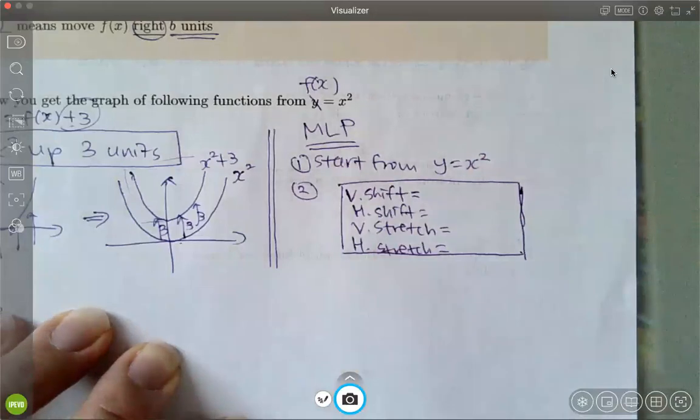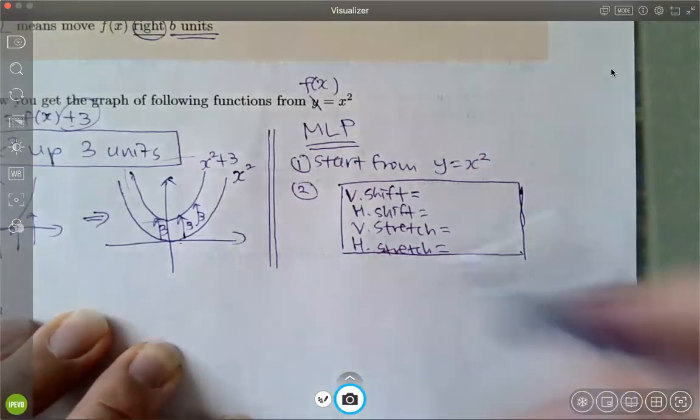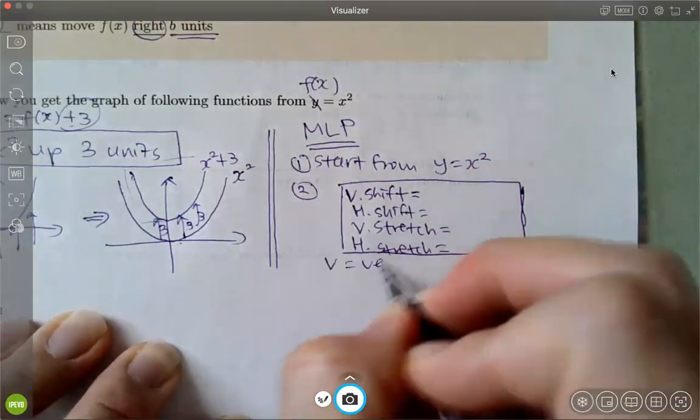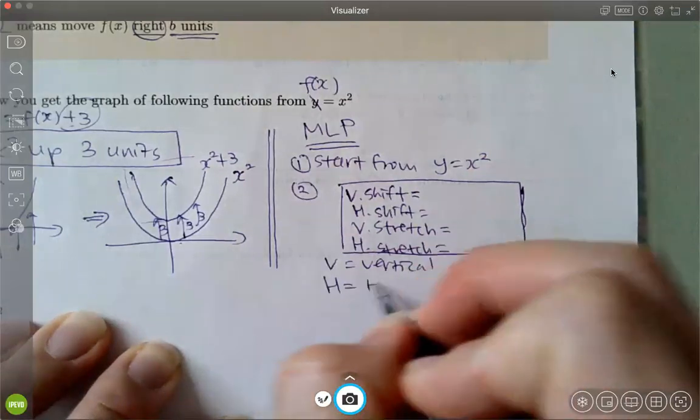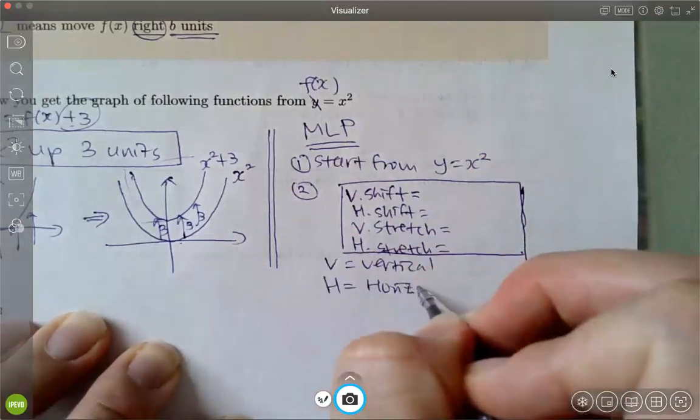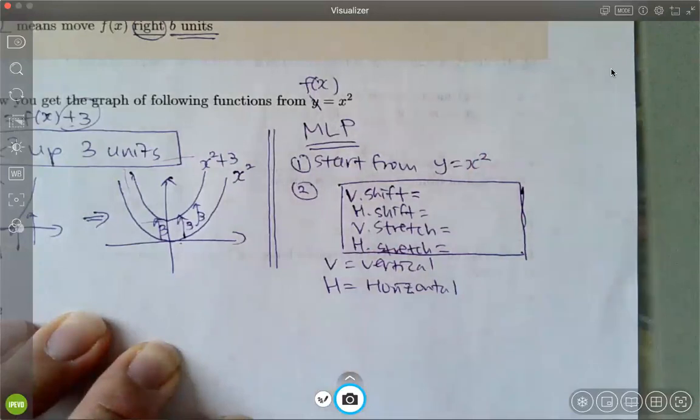Now, V stands for vertical, and H stands for horizontal. So it will say vertical shift is equal to something, and then horizontal shift is equal to something, and then vertical stretch is equal to something, and horizontal stretch is equal to something.